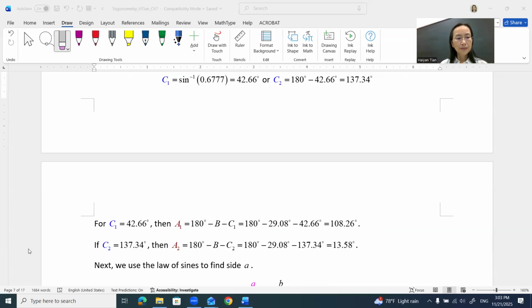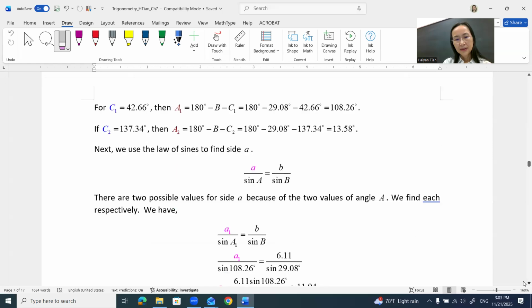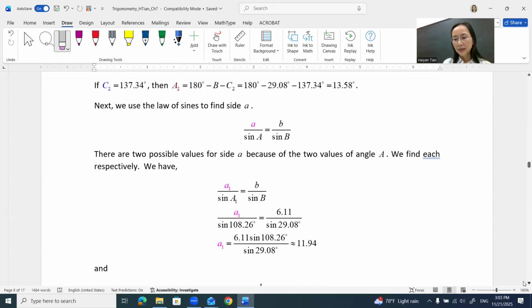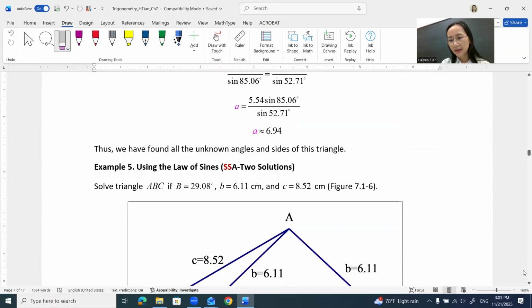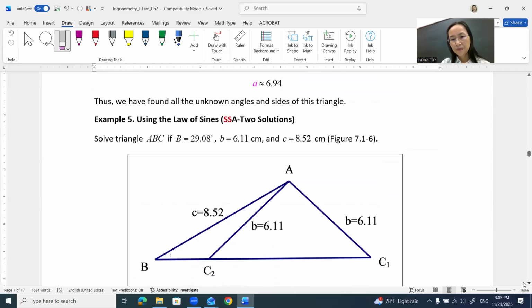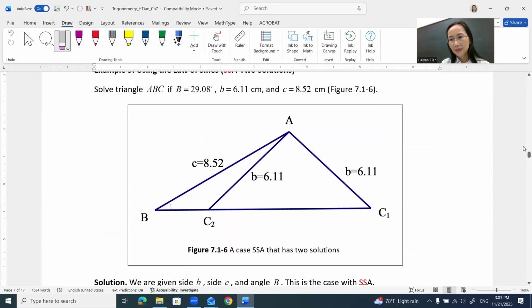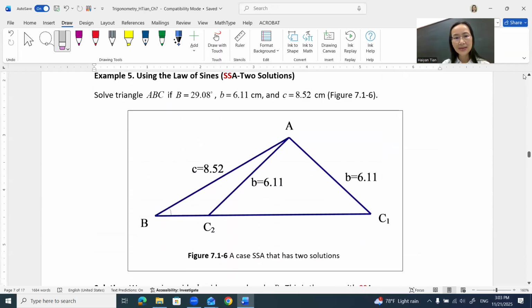So if we show that in the figure, you can just take a quick look at our previous work. Once we get C, two possible values of C. One case is that C is this one, acute.